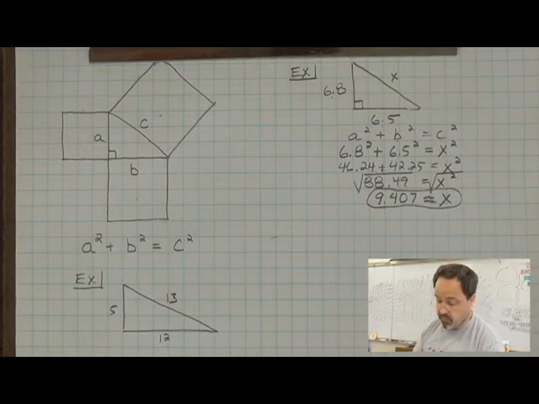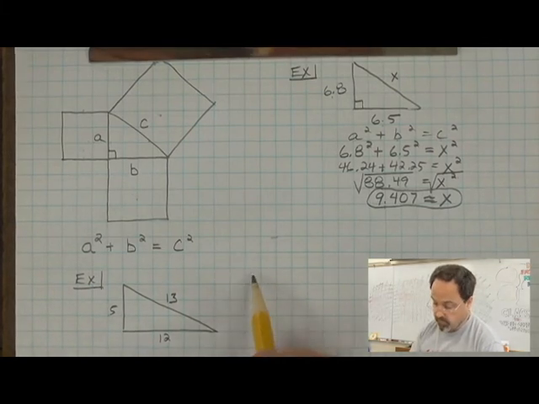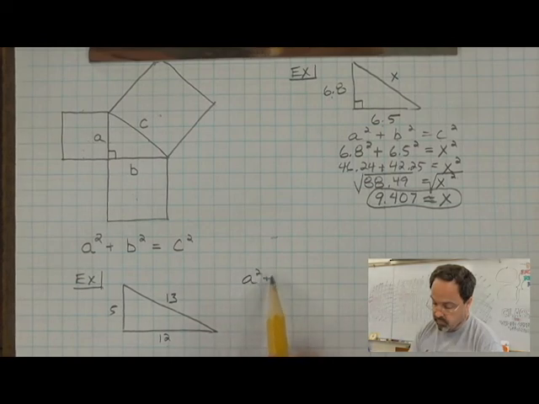Now, how can I be sure this is a right triangle? Well, the Pythagorean theorem works only for right triangles, so if I can show that the Pythagorean theorem will work for these side lengths, then I can show that this is a right triangle. What do I mean? Let's start with the Pythagorean theorem.